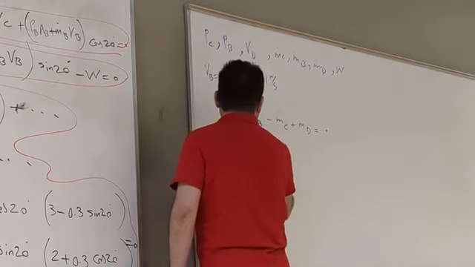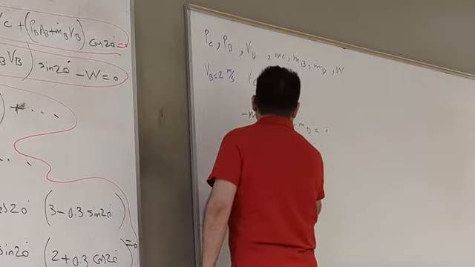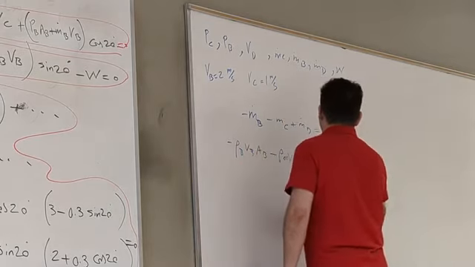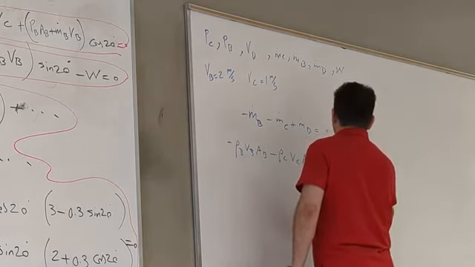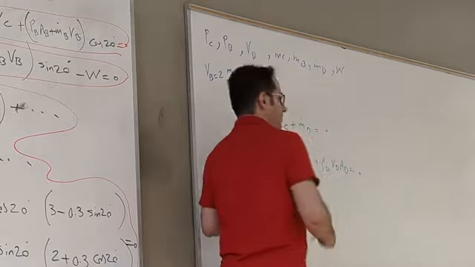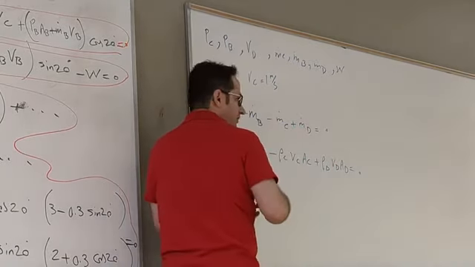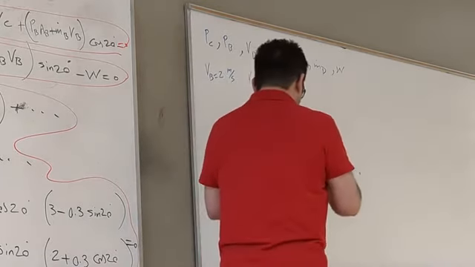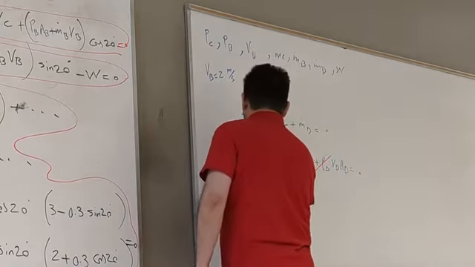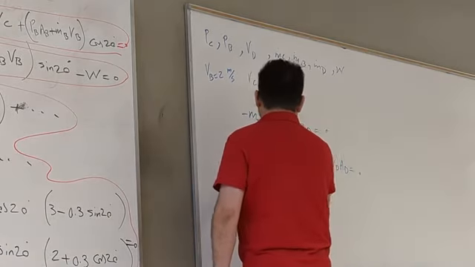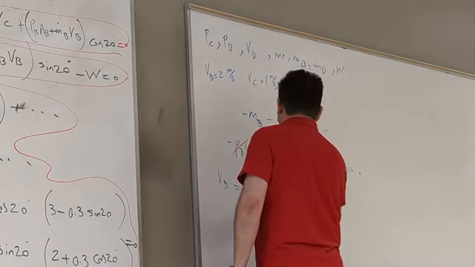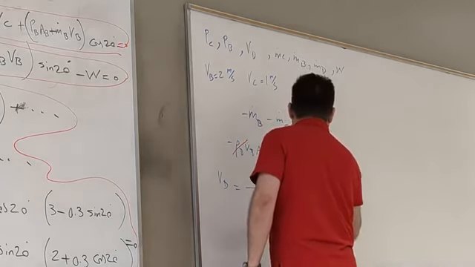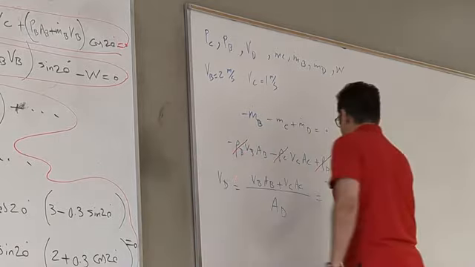Negative rho B, VB, AB, negative rho C, VC, AC, plus rho D, VD, AD is equal to 0. Look, in incompressible flow, all the densities are the same, so they cancel out. So your VD becomes, take this to the right, VB AB plus VC AC, divided by AD.